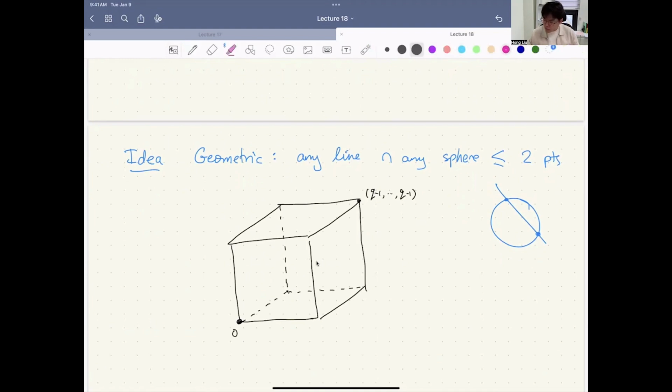Let's say blue, something lighter. Okay. Let's draw a sphere centered at the origin. So like this one. This is the sphere centered at the origin.